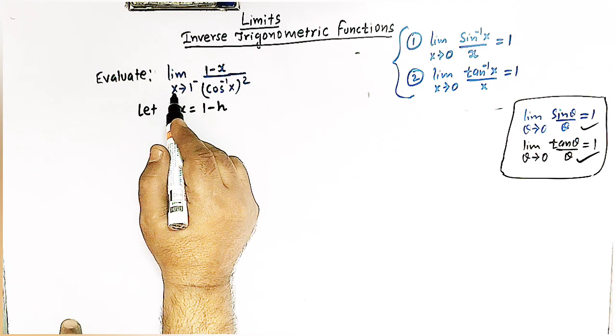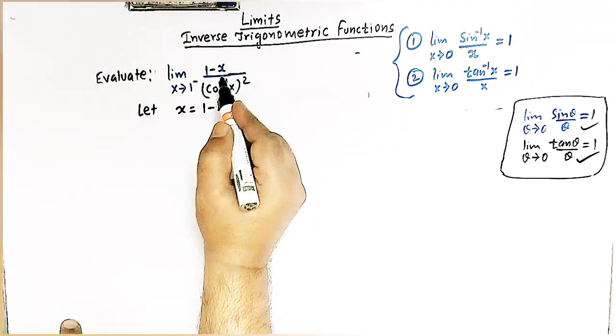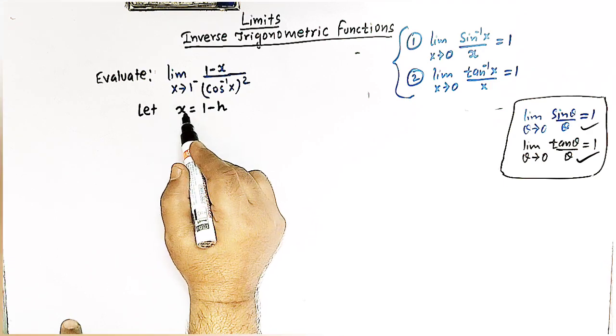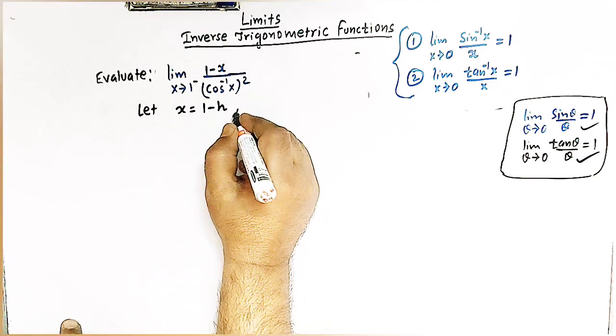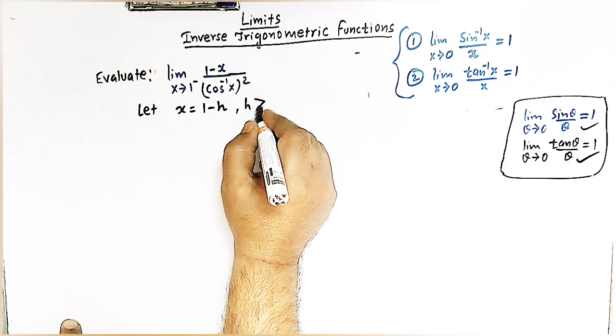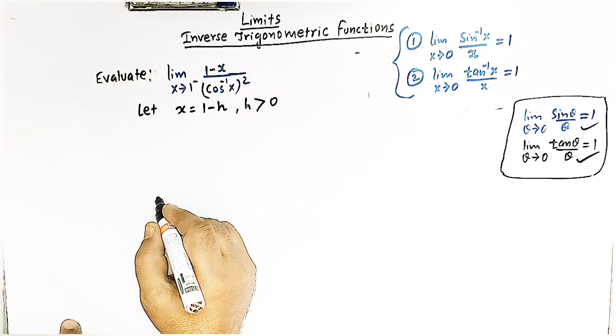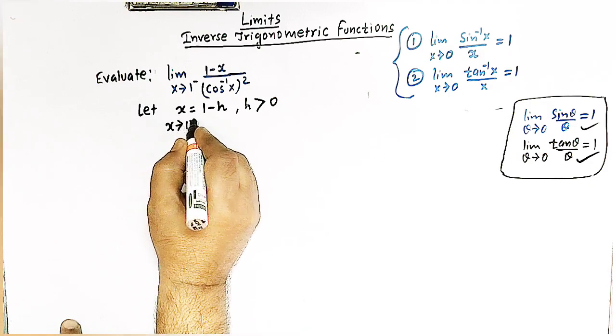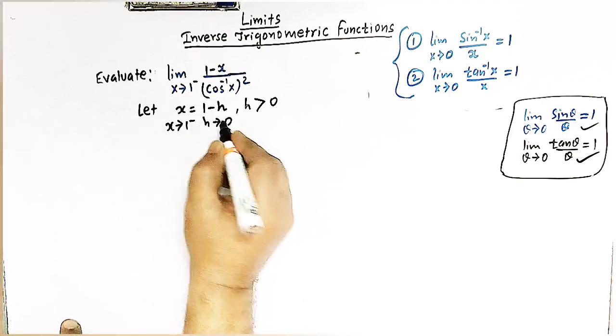Since we have to find out the left hand limit of this function when x approaches 1, therefore we take this substitution x is equal to 1 minus h, where h is infinitesimally very small and it is a positive quantity, right? So when x tends to 1, then h tends to 0.